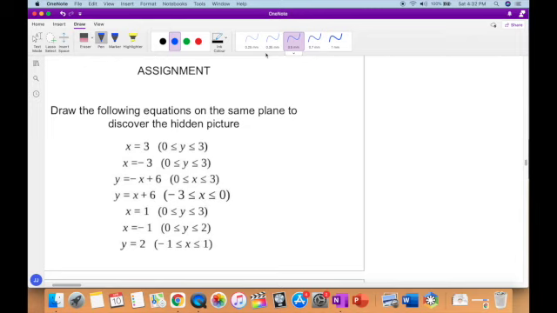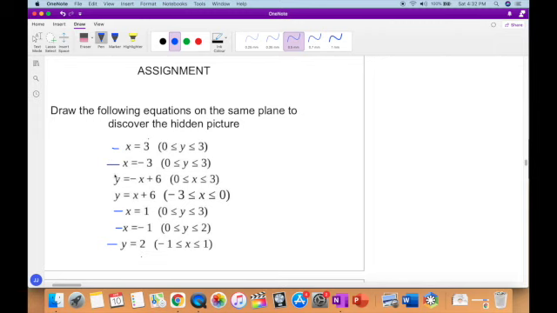And remember, all of these lines that I marked off are vertical and horizontal lines. For vertical and horizontal lines, you don't have to go and find 2 points, because you know what the line is. The line is just going to be vertical or horizontal, cutting at x is 3 or y is 2 or whatever.